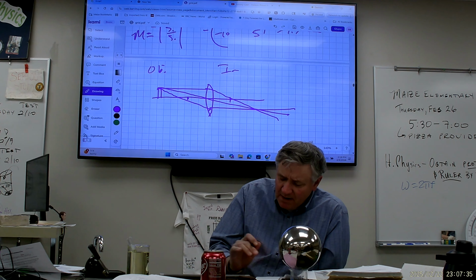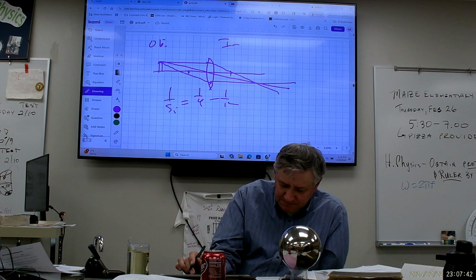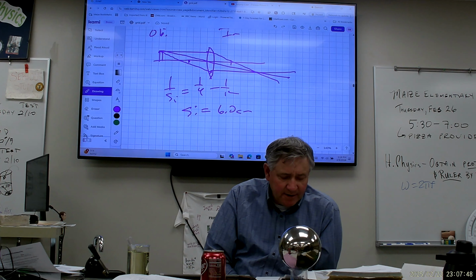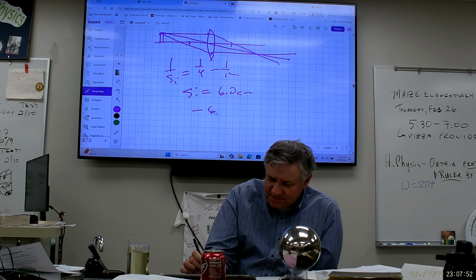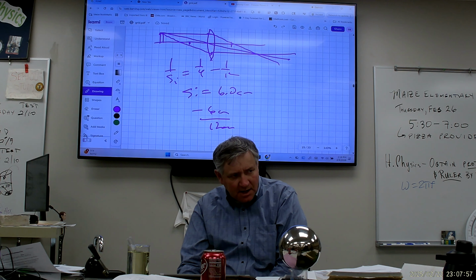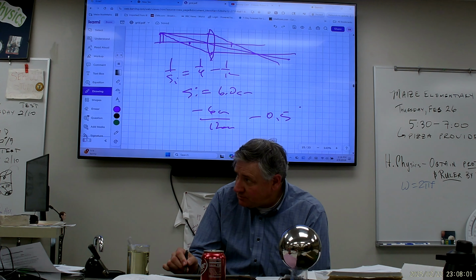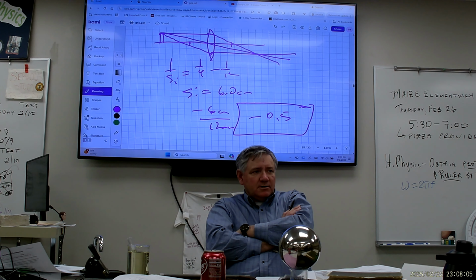If you want to calculate the image distance, you've got 1 over 4 minus 1 over 12, and you get an image distance of 6 centimeters. Now when you do your magnification, that's negative 6 centimeters over 12 centimeters, which gives you a magnification of negative 0.5, which tells you what? Inverted and smaller.